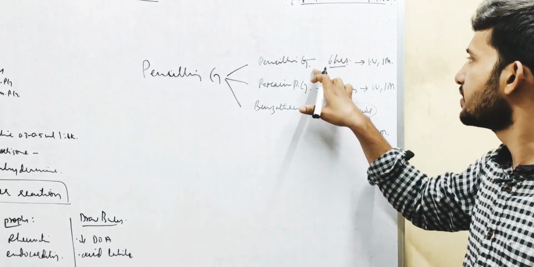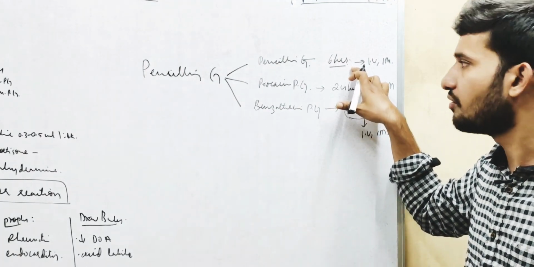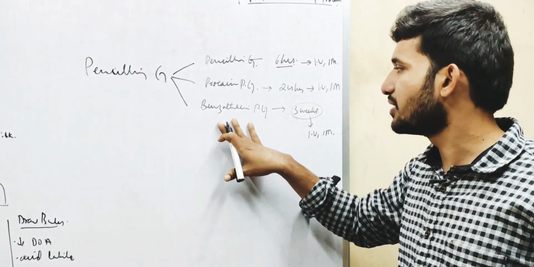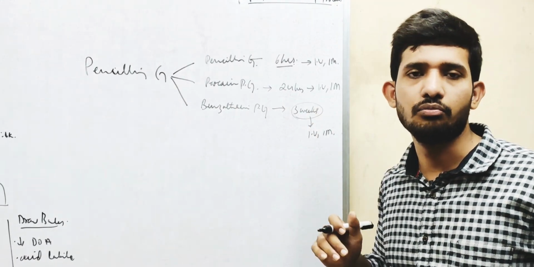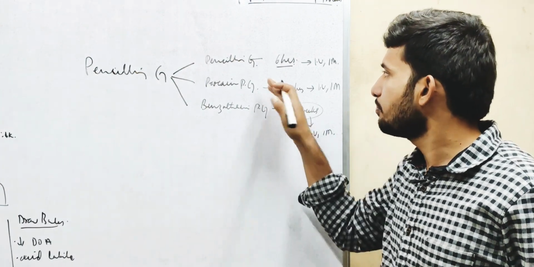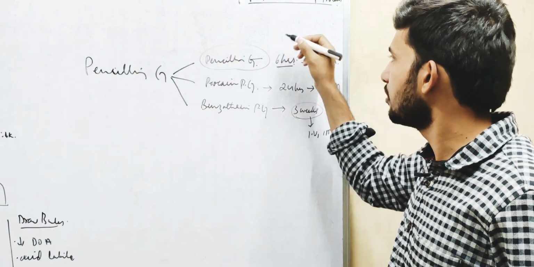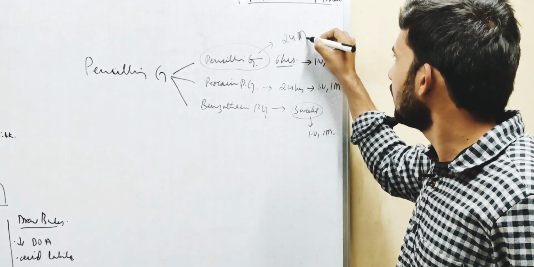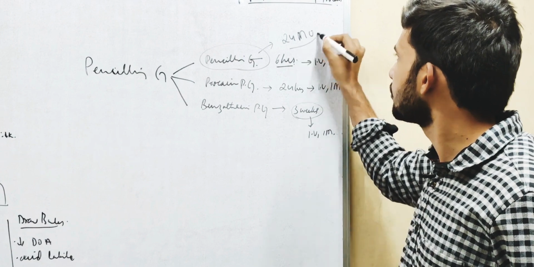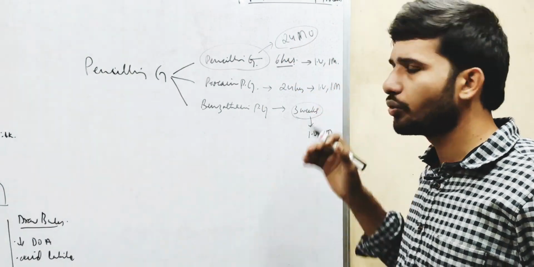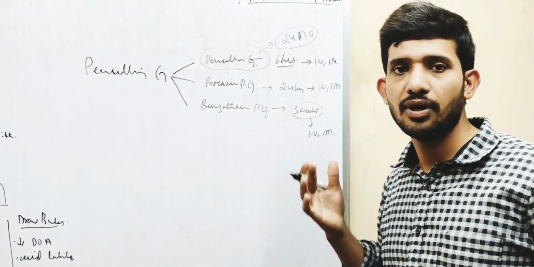Remember guys, penicillin G's duration of action is 6 hours, procaine penicillin is 24 hours, and benzathine penicillin's duration of action is up to 3 weeks. Okay, and listen, penicillin G is commonly given at a dose of up to 24 million units per day, because of its short duration and its rapid metabolism.